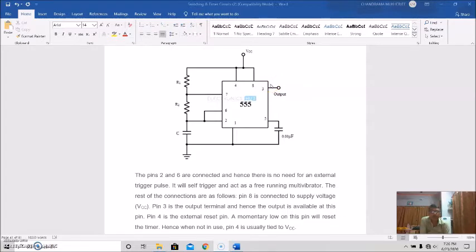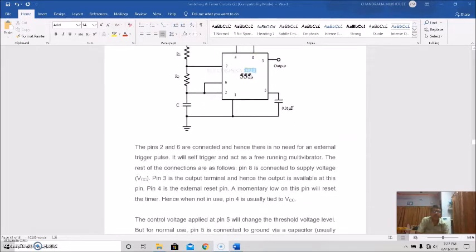Pin 4 is the external reset pin, and a momentary low on this pin will reset the timer, as we discussed in our last class. Hence, when it is not in use, pin 4 is usually tied to VCC, that is connected with pin 8.